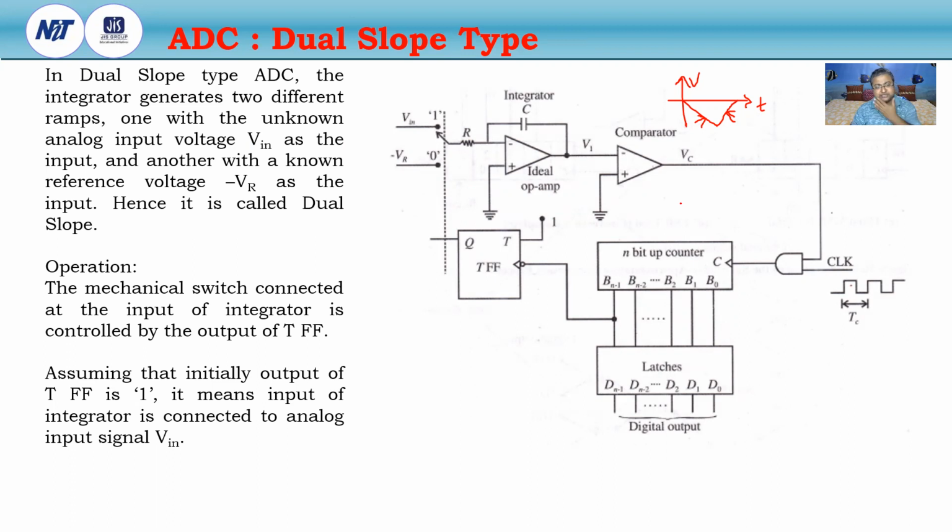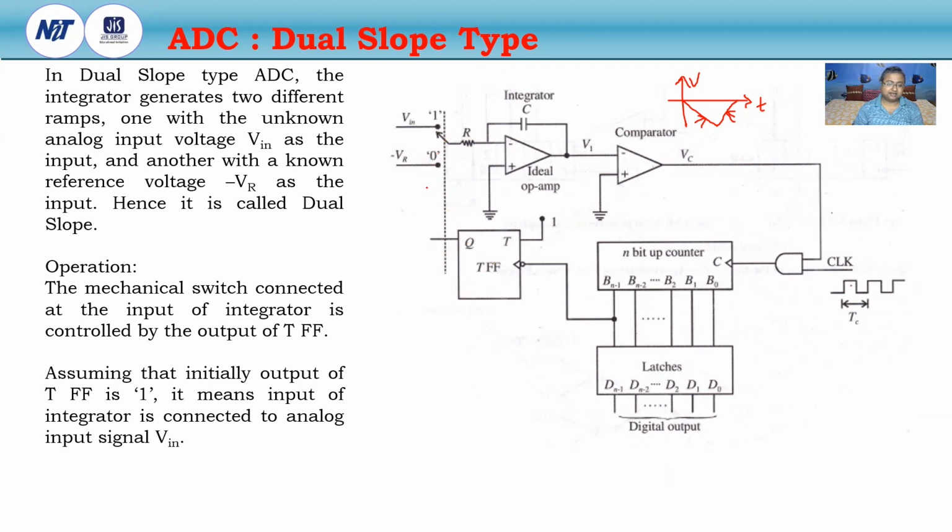The mechanical switch at the input of the integrator is controlled by the output of the T flip-flop. When the output of the T flip-flop is logic 1, the switch is connected to Vin, and when it is logic 0, the switch is connected to minus VR.